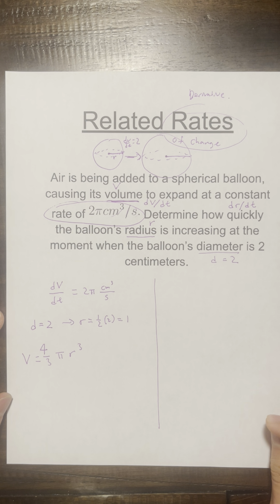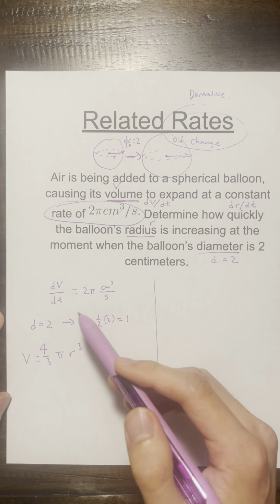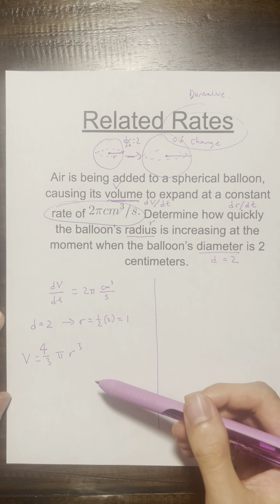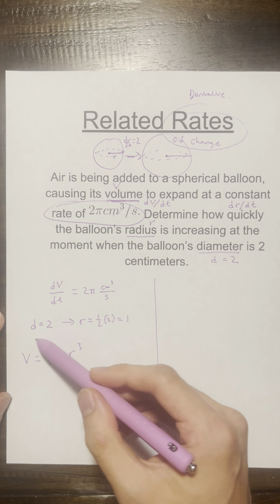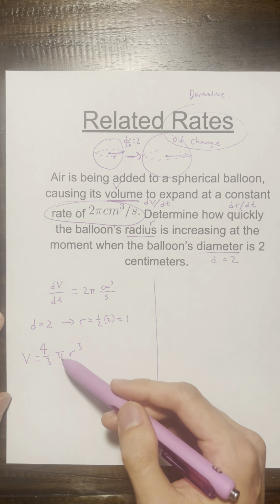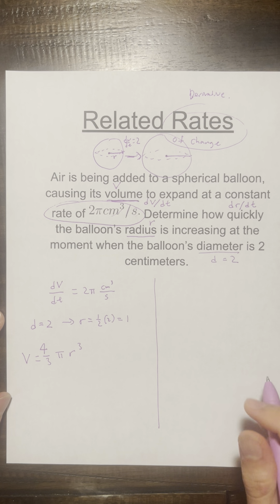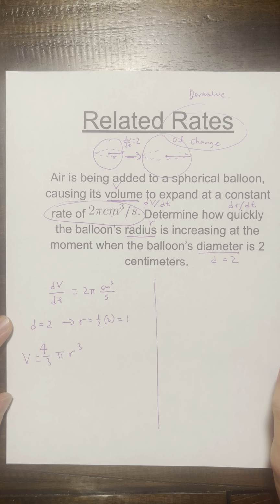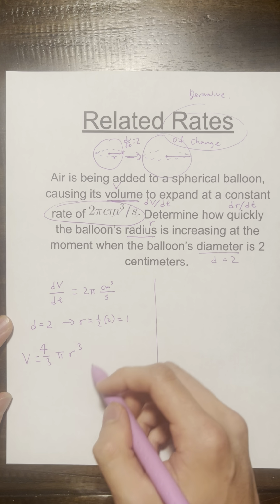So we've got dV/dt. How can we use that over here though? There's no t in this equation. And also we need to find dr/dt. That's not here either.